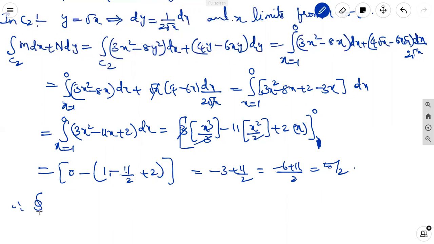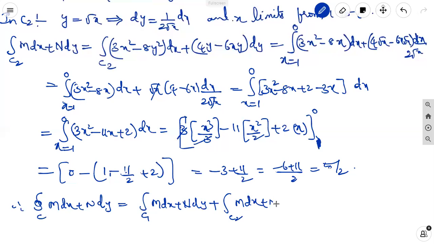Therefore, the integral over closed curve C of Mdx plus Ndy is equal to the integral over C1 of Mdx plus Ndy plus the integral over C2 of Mdx plus Ndy, which is minus 1 along the curve C1 plus 5 by 2 along the curve C2. Taking the LCM, minus 2 plus 5 by 2 equals 3 by 2.